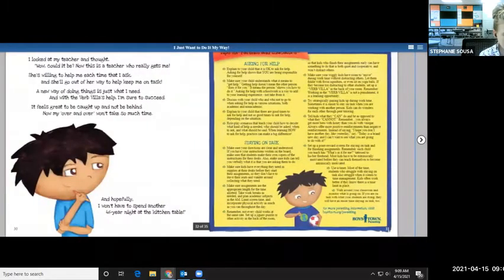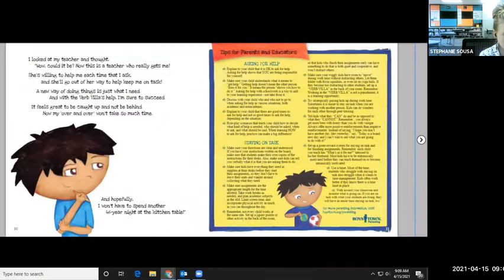I looked at my teacher and thought, wow, could it be? Now this is a teacher who really gets me. She's willing to help me when I ask, and she's willing to go out of her way to keep me on task. A new way of doing things is just what I need, and with the back of the room's help, I am sure to succeed.